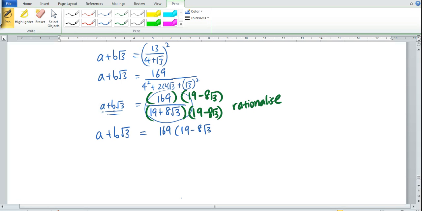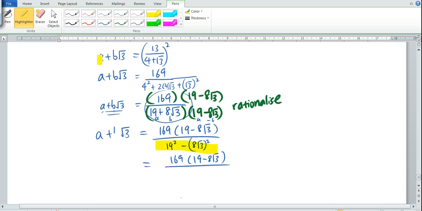So I'm now going to do this rationalizing, a plus b, a minus b. So I will have 19 squared minus 8 square root 3 squared. If I calculate it, this entire thing at the denominator is going to be also 169.